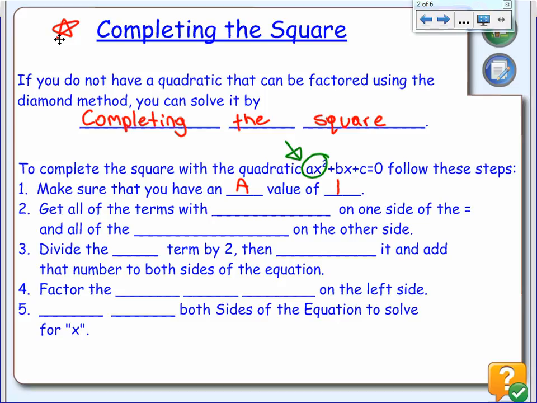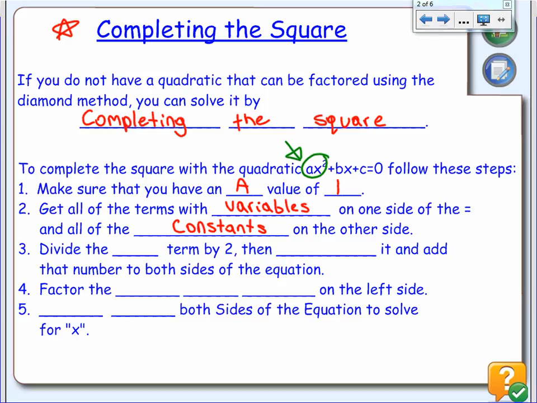Once you've done that, your second step is to get all of the terms with variables onto one side of the equation and all of the constants on the other. So what we're doing is we're separating our numbers off. We're saying anything with a variable comes to this side, anything without a variable goes to the other side.